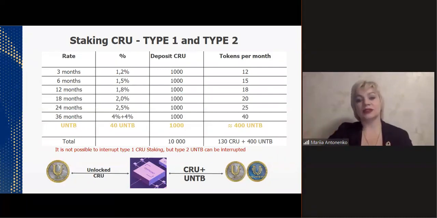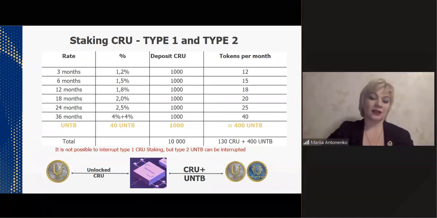Types of staking. When we stake CRU and receive CRU, we call it type 1 staking. And then we have type 2 staking. For the staking of CRUs, under the tariffs that we have, 3, 6, 12, 18, 24, and 36 months, there are no questions.